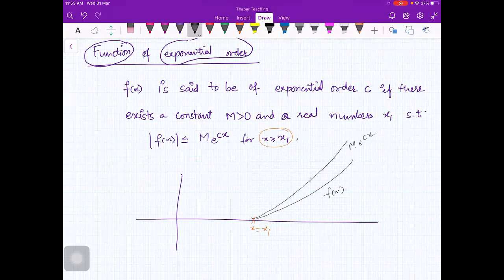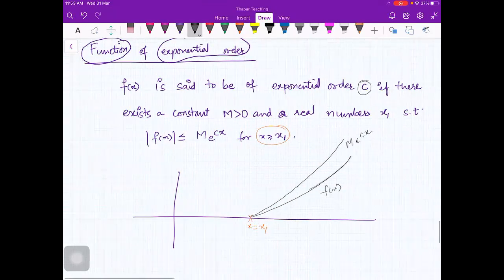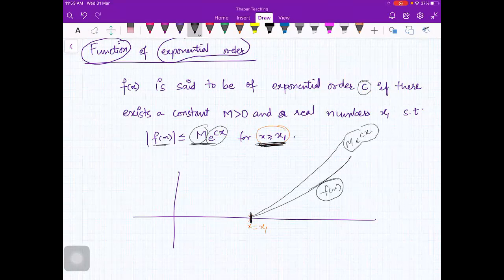So हम क्या कह रहे हैं कि फंक्शन का मैग्नीट्यूड e raised to power cx into a constant से छोटा है after certain values. Like it's not necessary that it should be smaller than this from the beginning. There comes a point x is equal to x1 after which your graph of f of x will be lower than this m e raised to power cx. Is that thing clear?